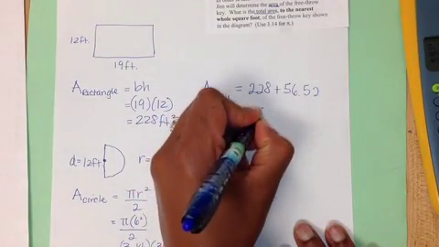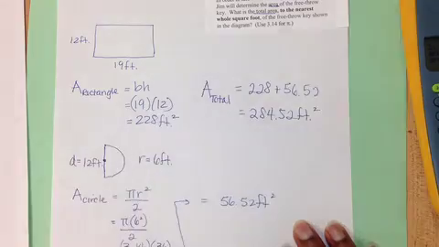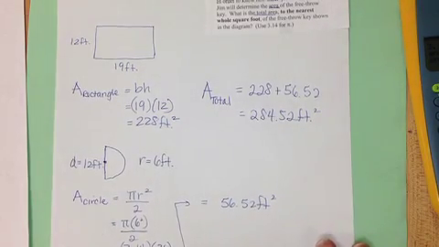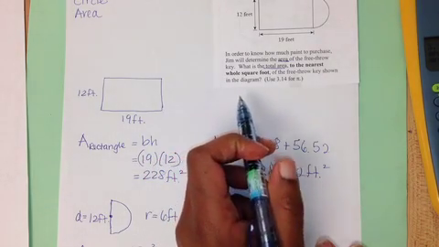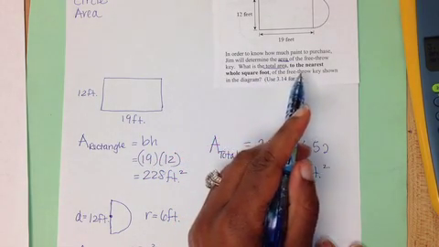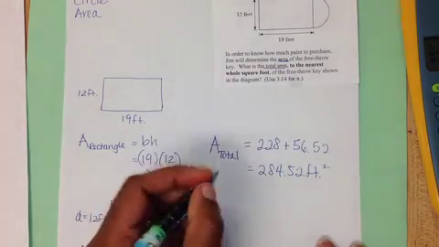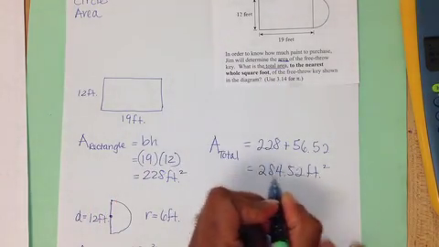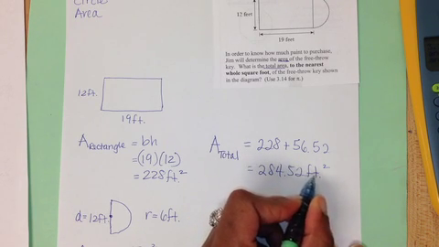So 284.52, remember your units, feet squared. Now, you're probably saying, we're still done. No, we're not, because if we look back at the problem, it says, what is the total area to the nearest whole foot? So that means we have to involve rounding. If we're looking at our answer for the total, we have 284.52 feet squared.